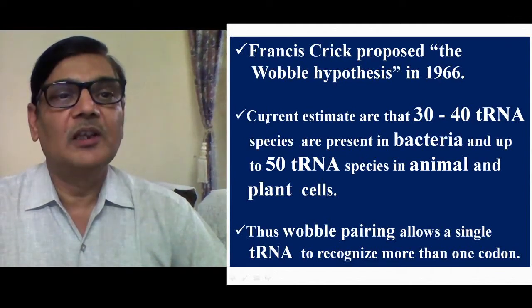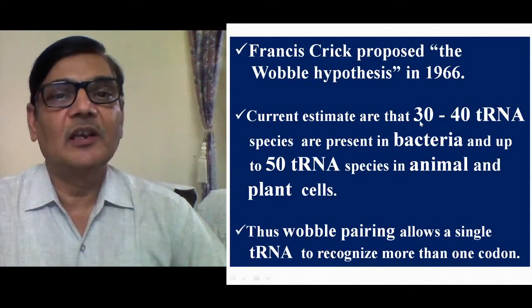Actually, the current estimate indicates that there are 30 to 40 transfer RNA types or species present in bacteria, and up to 50 transfer RNA species are present in animal and plant cells.